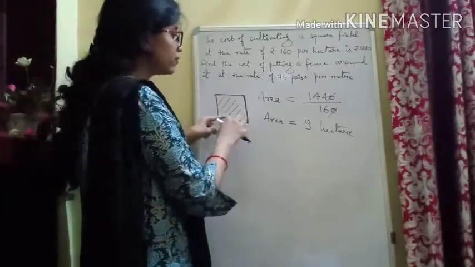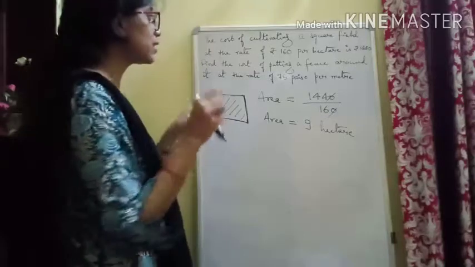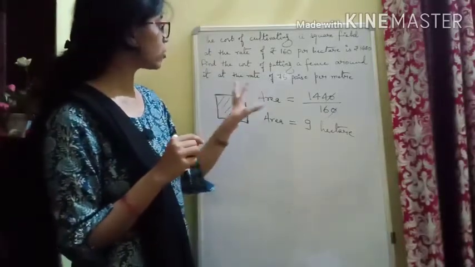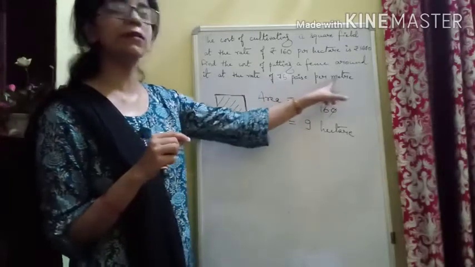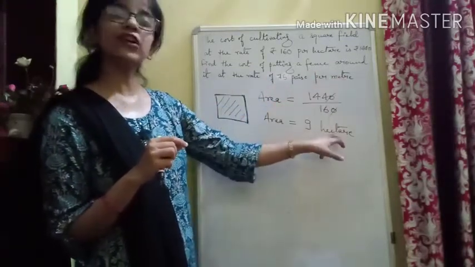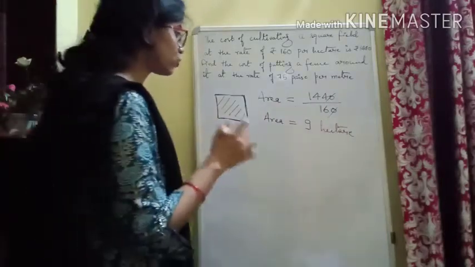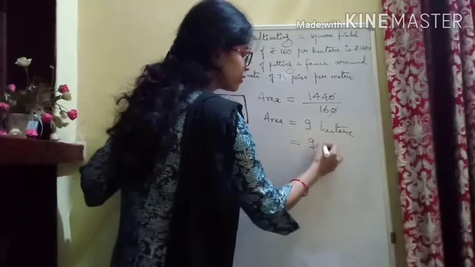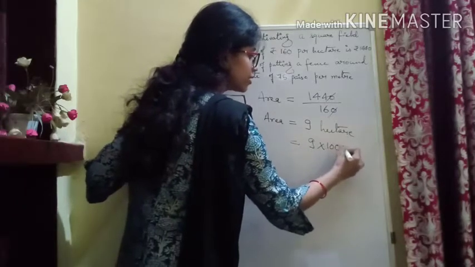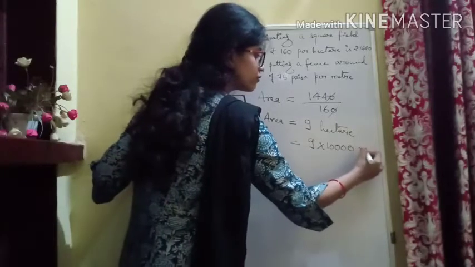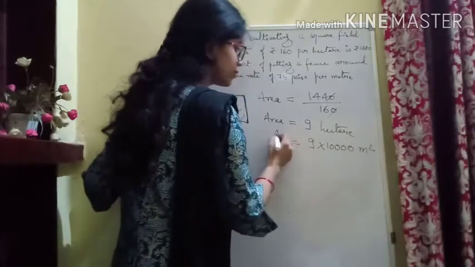That means eventually we have to calculate the perimeter, and the fencing cost is 75 paisa per meter. Eventually we have to go for meter, so here we are going to convert it into meter square. When you convert hectare into meter square, we have to multiply it by 10,000, as we have just seen. When we multiply it by 10,000, it will be converted into meter square.